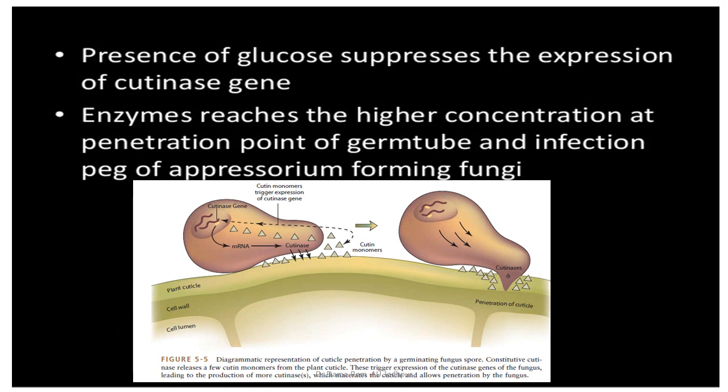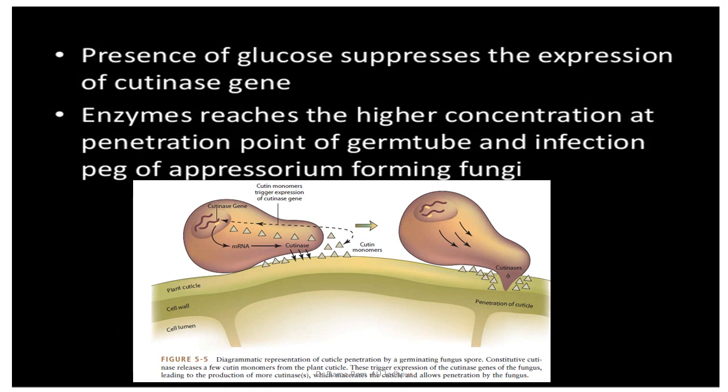Cutinase-deficient mutants show decreased virulence, also reported, meaning organisms with low cutinase production capacity are less virulent, and the cutinase gene changes the mode of entry from wound infection to direct infection.